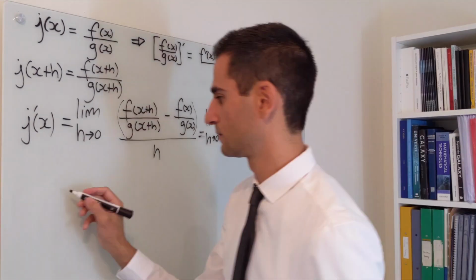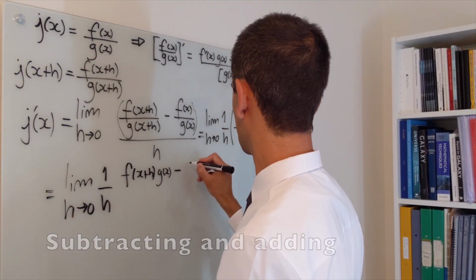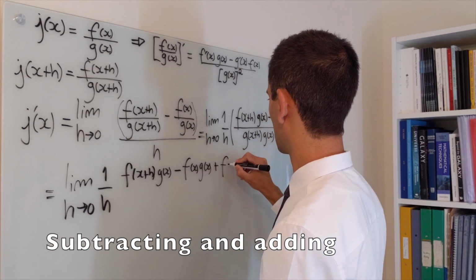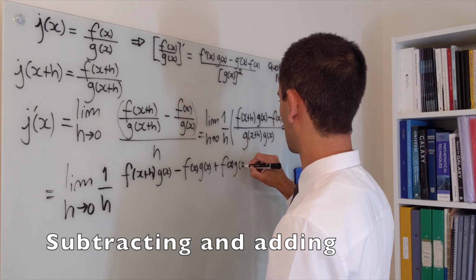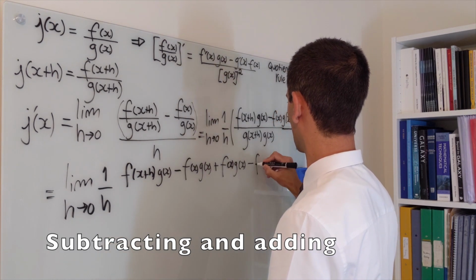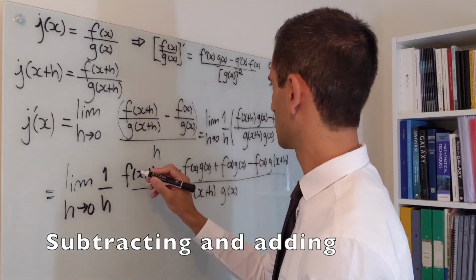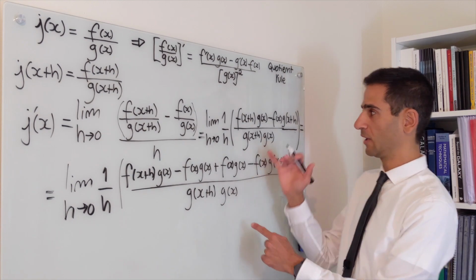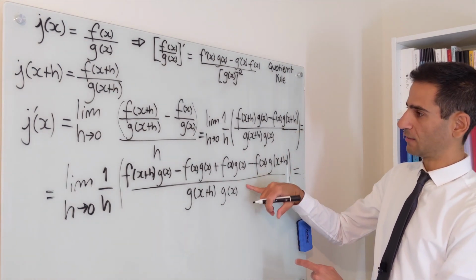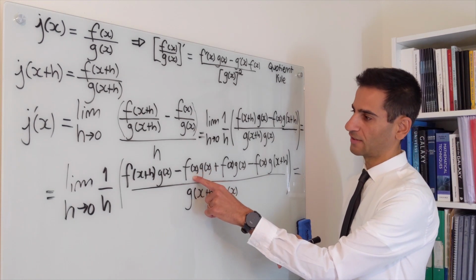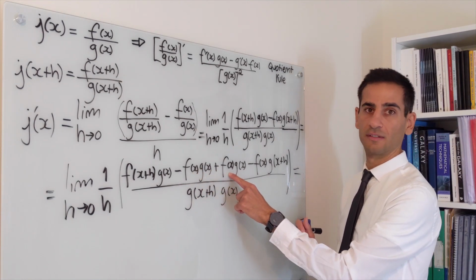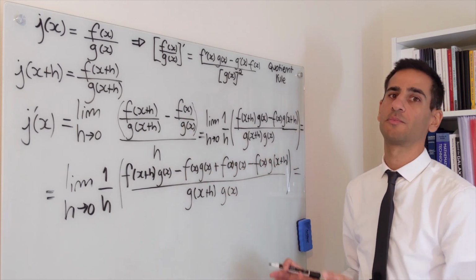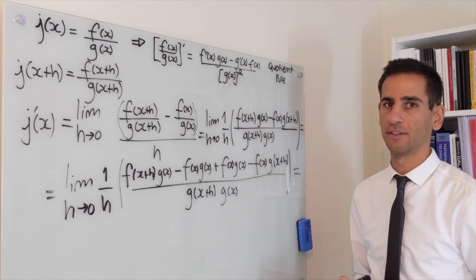Let's try it then. If we do that, this is the expression that we get. Remember, what we did going from this step to this step is we've subtracted f of x times g of x and added f of x times g of x, which is more than allowed. We're keeping the balance. This is not really adding or subtracting anything from the expression.